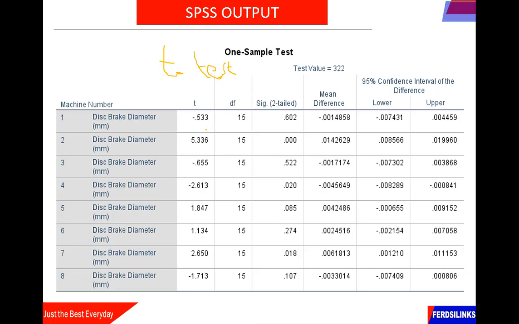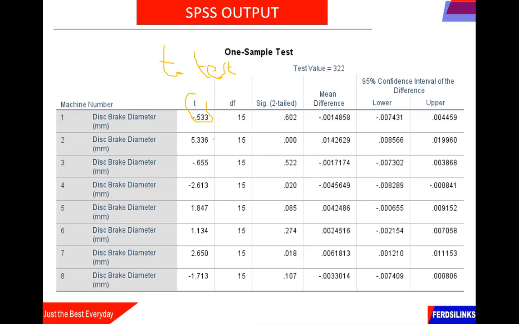Once you're using the t value, you look at your calculated value and compare it with the table value. We have the t-distribution table, so you need to know about it. So we have the degrees of freedom. Once you take the degrees of freedom, you compare your calculated value with the table value at this degree of freedom, and if your calculated value is less than the table value, then your test is insignificant.